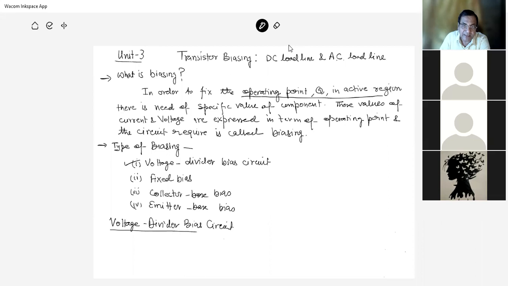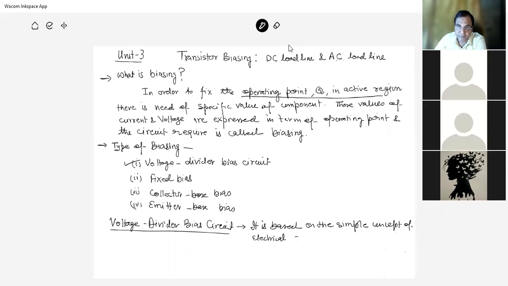Voltage divider bias circuit is based on the simple concept of electrical circuit. सिंपल कॉन्सेप्ट ऑफ इलेक्ट्रिकल सर्किट क्या है?